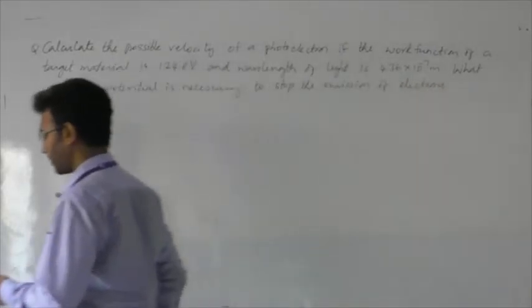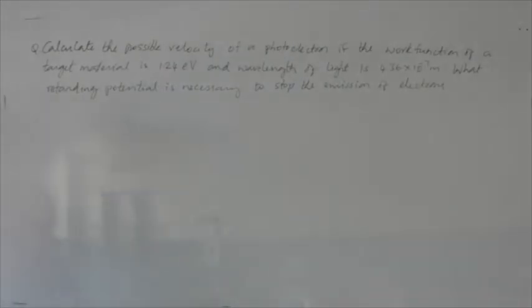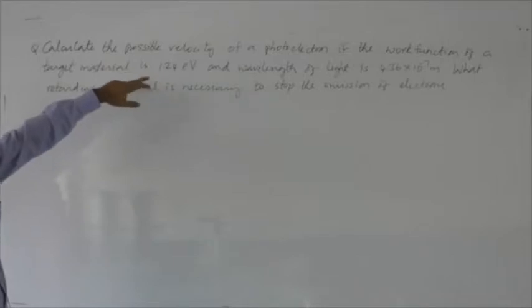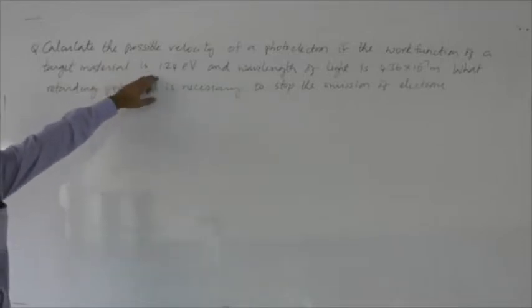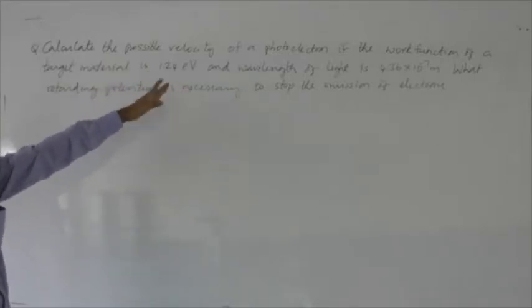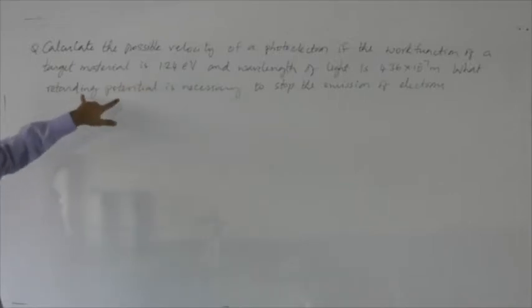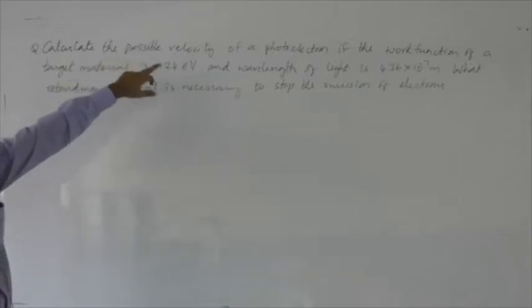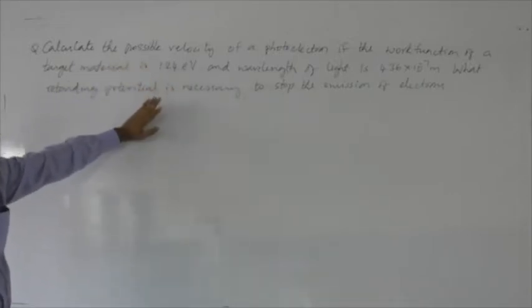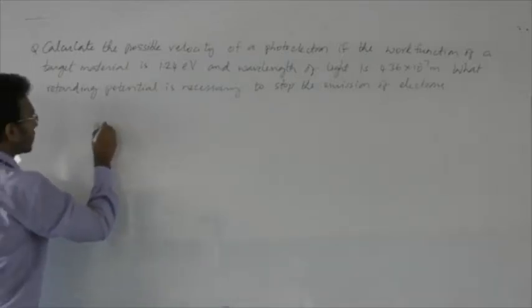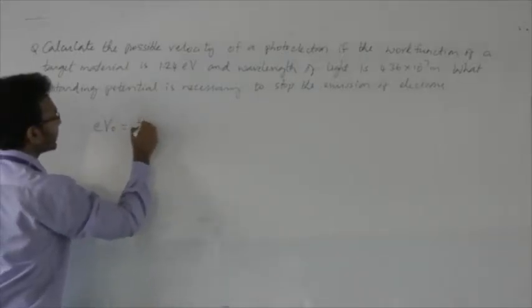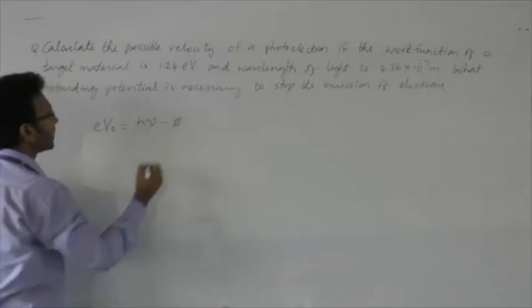So this is a practice sum for you. We have done these kind of sums in the previous case. So what is given? Work function is given and wavelength of light is given. We have to find the retarding potential and the velocity of the photoelectron. So just use this equation, eV naught is h nu minus phi.